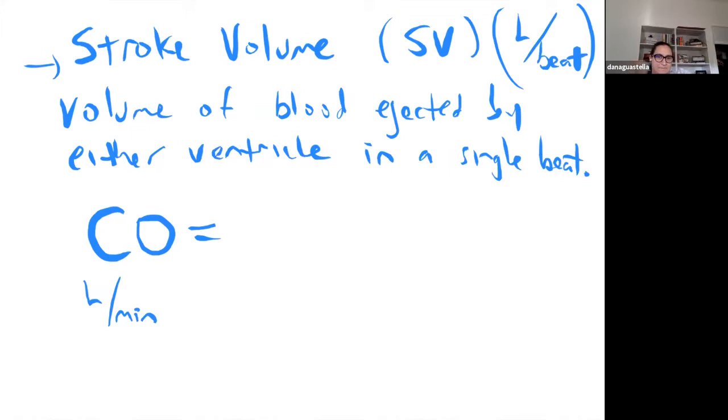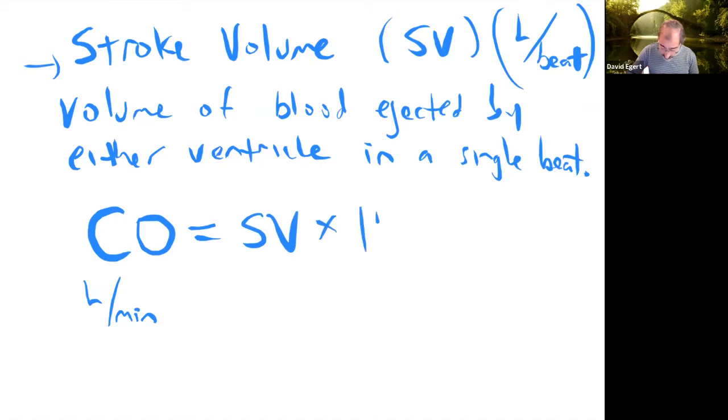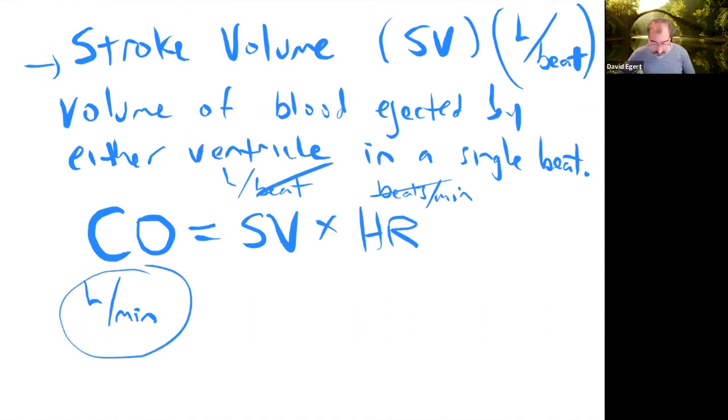Yeah, exactly. This is just going to be stroke volume times your heart rate. Right, so if I have liters per beat, the beats will go, and this is just going to give me liters per minute. So cardiac output is just this, whatever the stroke volume is, however much blood is ejected for each beat, times your heart rate.